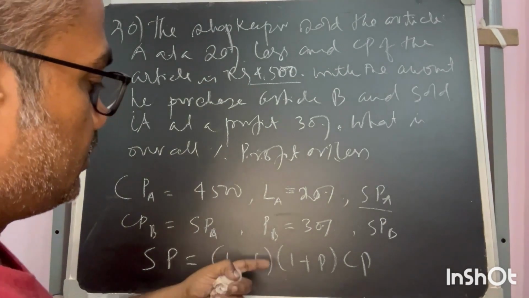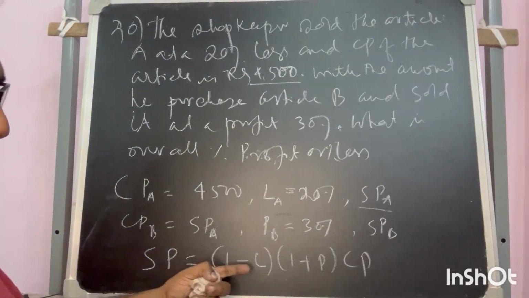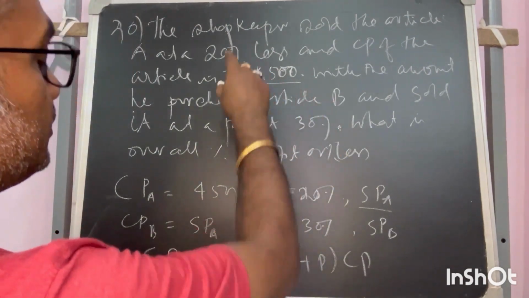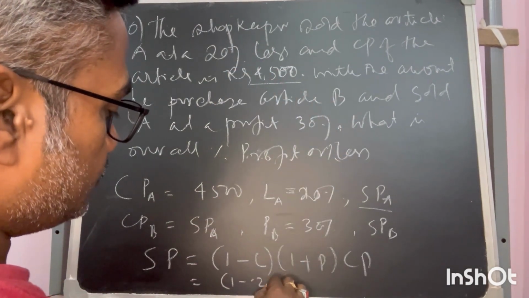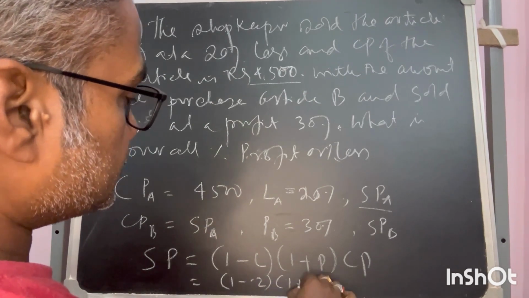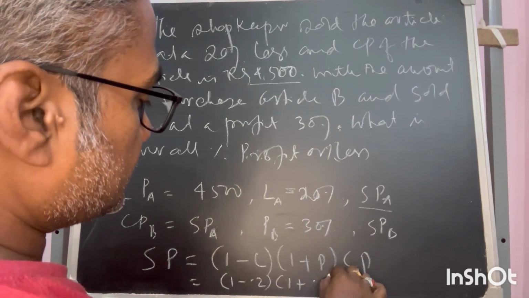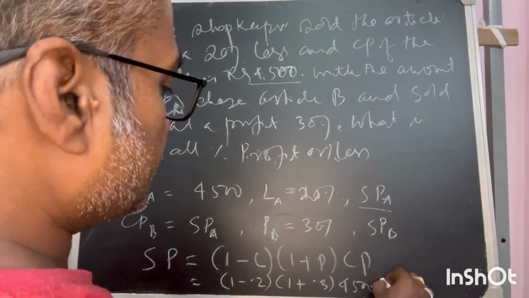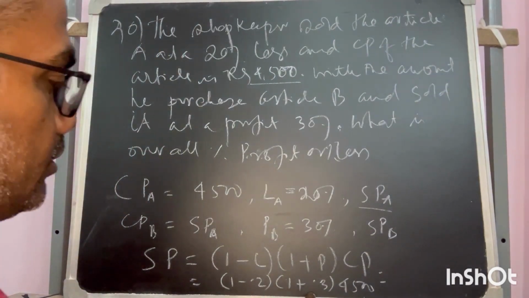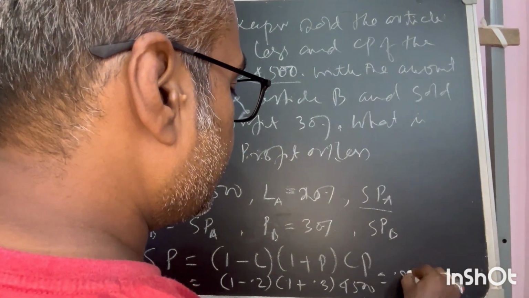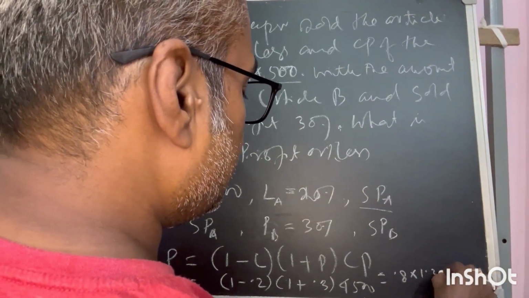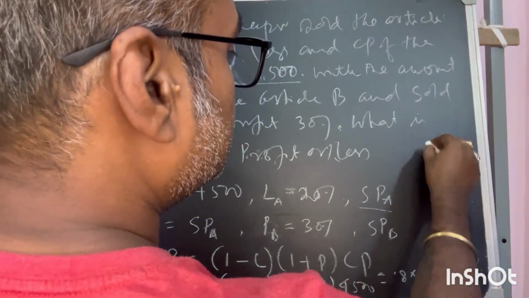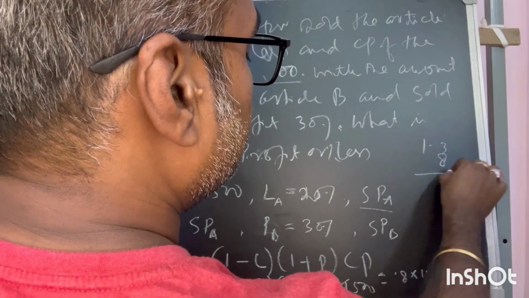We are making two consecutive transactions, one is loss, one is profit on CP. So loss is already said 20%, so 1 minus 0.2, 1 plus 0.3 is the profit, and CP is 4,500. Now this is equal to 0.8 into 1.3 into 4500. So 0.8 into 1.3 is how much?